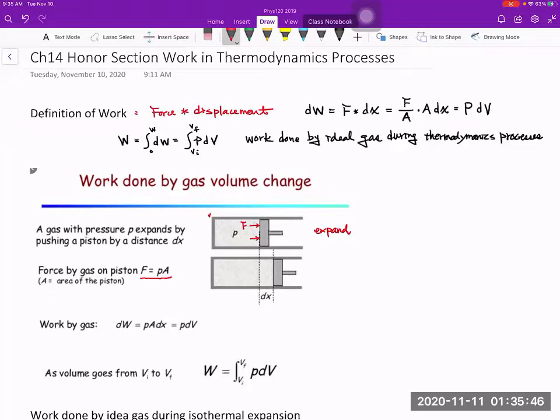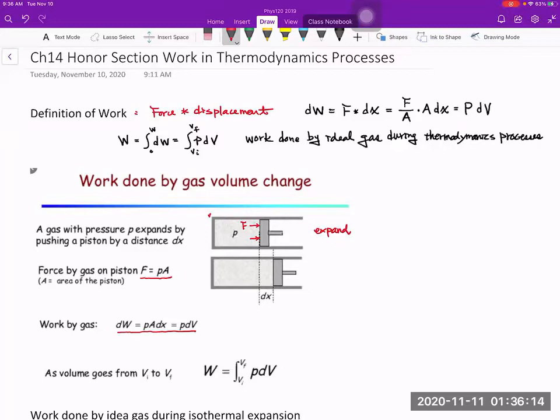If the piston moves along the x direction by dx, you can see the work is equal to the equation that we just derived, the integral of P dV.